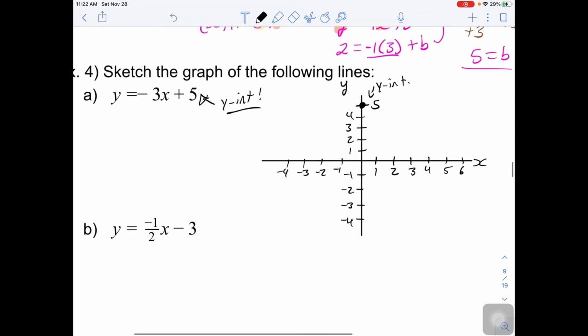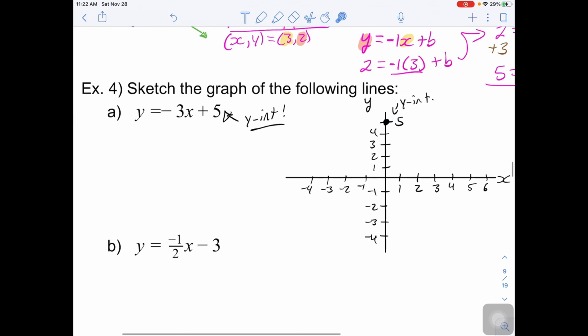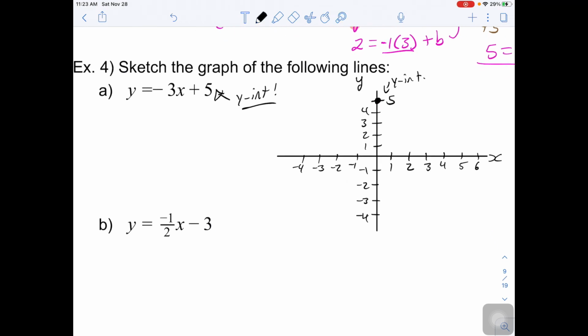Okay, there we go. So we already have a point here. Now, how do we go from here? We'll recognize -3, this is our slope, m equals -3. Remember what we talked about: if you have a whole number, you can imagine it being over a +1.